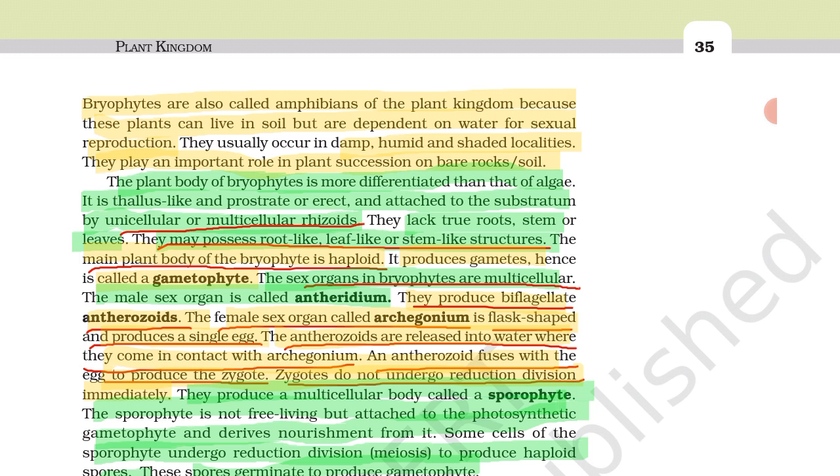The egg is released from the archegonium and produces the zygote.